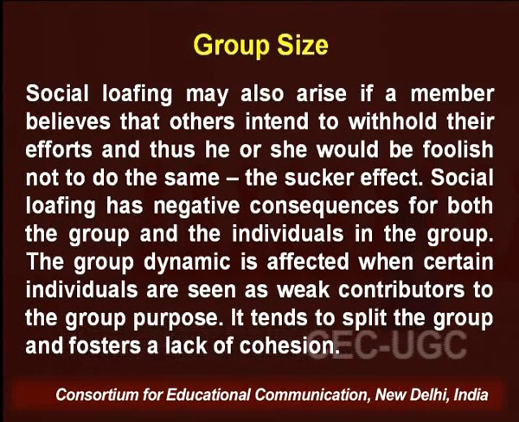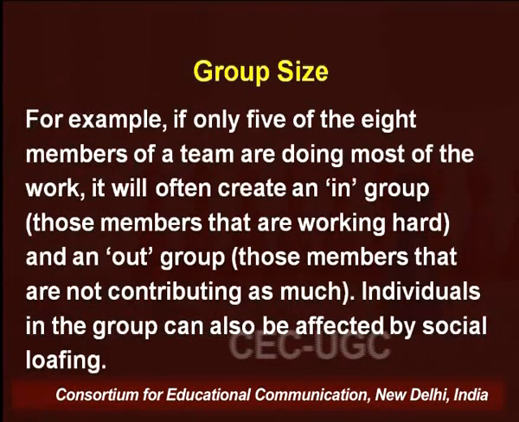So social loafing has negative consequences for both the group and the individuals in the group. The group dynamic is affected when certain individuals are seen as weak contributors to the group purpose, and it tends to split the group and foster a lack of cohesion.